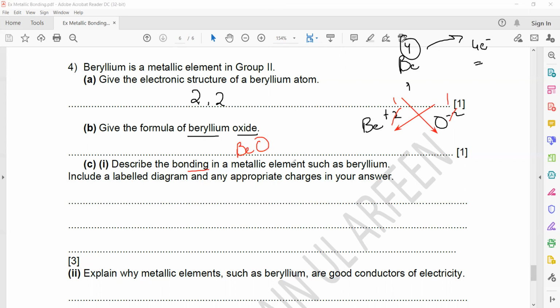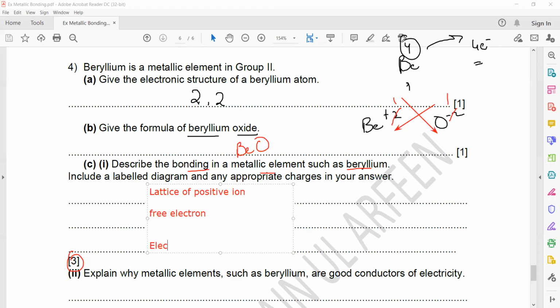Then describe the bonding in metallic elements such as beryllium. Include a labelled diagram. Again, you can see it's 3 marks. So what is the mark distribution? 1 mark is for mentioning the lattice of positive ions, or lattice of metal ions. The second mark is for mentioning the free electrons. And the third mark is for mentioning strong.